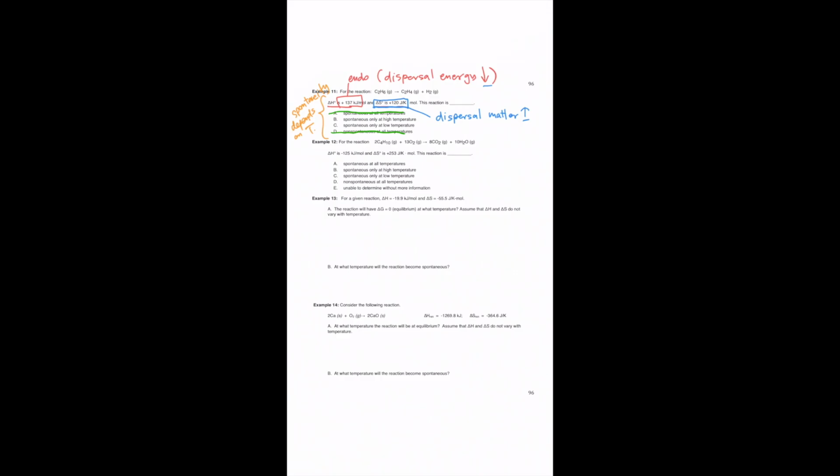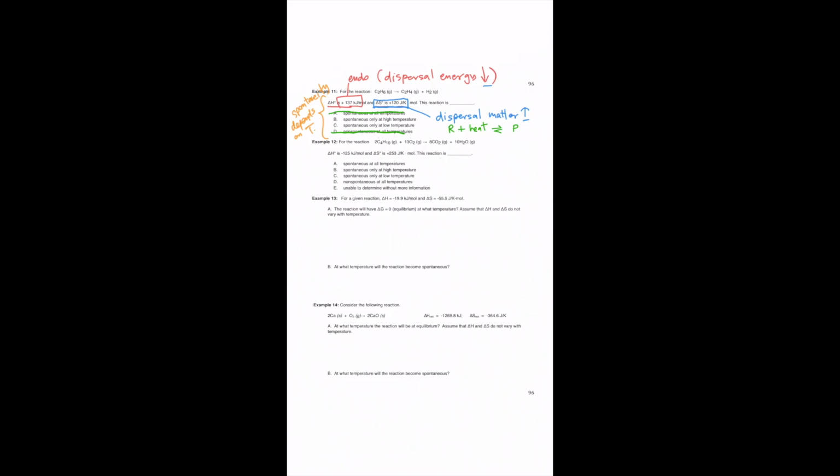For the Le Chatelier principle, for the endothermic process, we know that the reactant plus heat would become product. The reason why I add heat with the reactant is because this is endothermic, right? The reaction is absorbing heat.